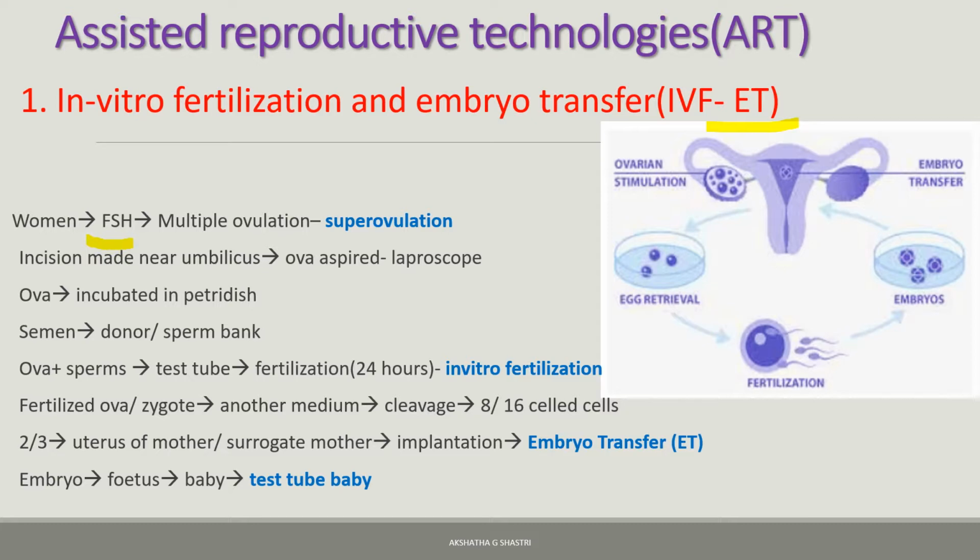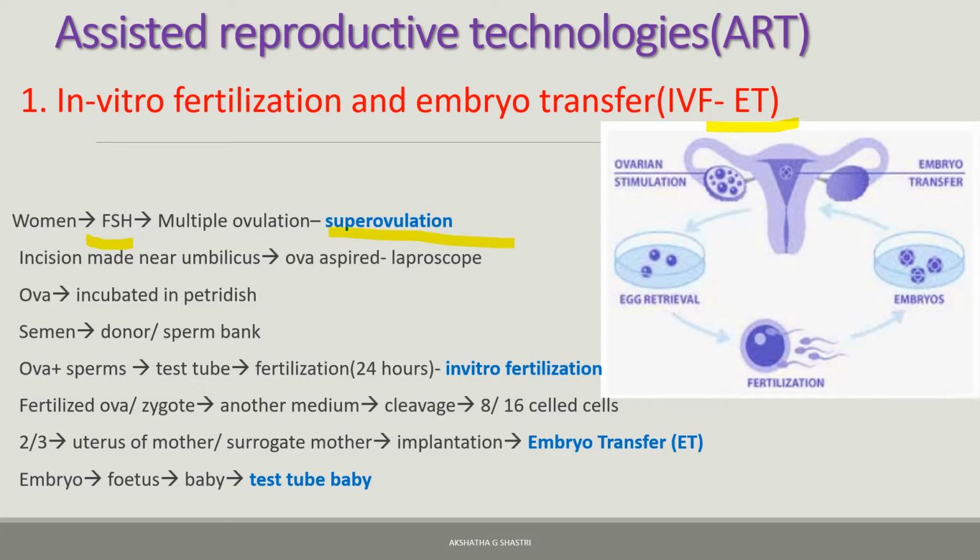This stimulates the ovary to produce multiple ova, called multiple ovulation, which results in the release of several ova at a time instead of one. Usually one ovum is produced, right? So if the woman is injected with FSH, multiple ovulation takes place, and this is also known as superovulation.